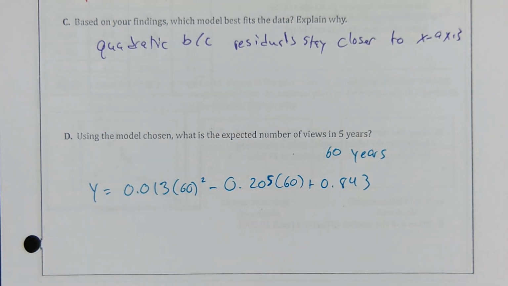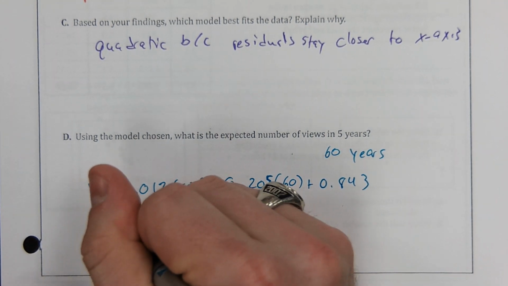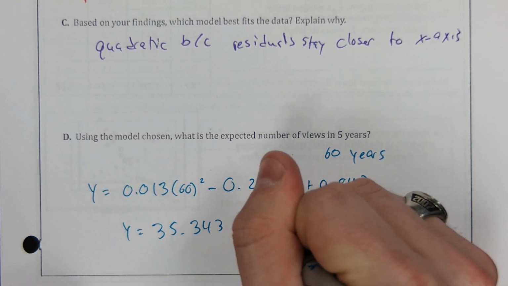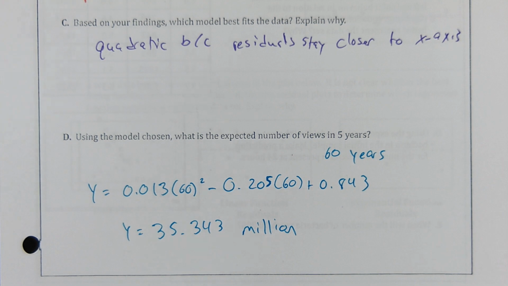But I mean, that's about as bad as it gets. I got about 35.343. Did you guys get that? Okay. And that's in millions. There we go.